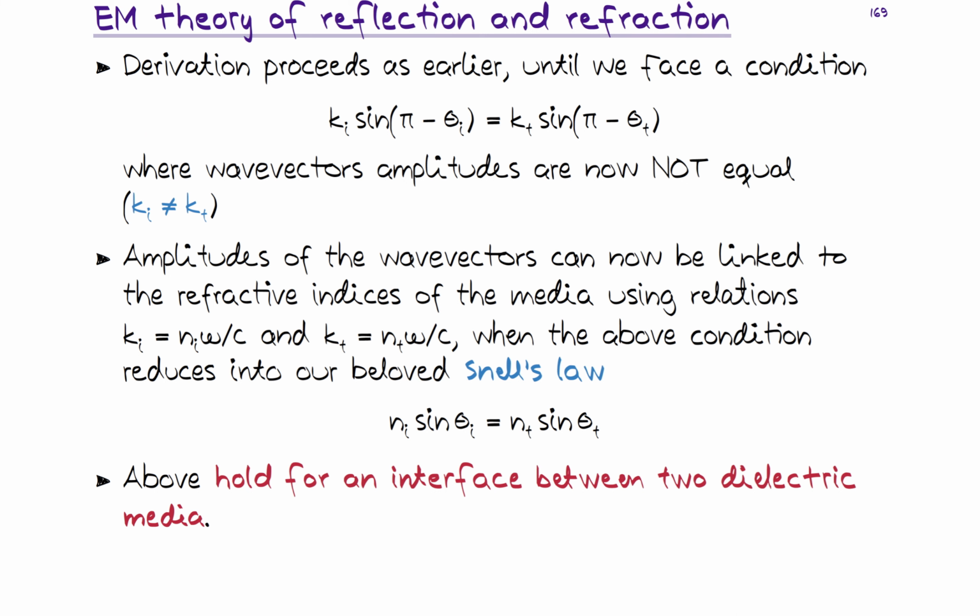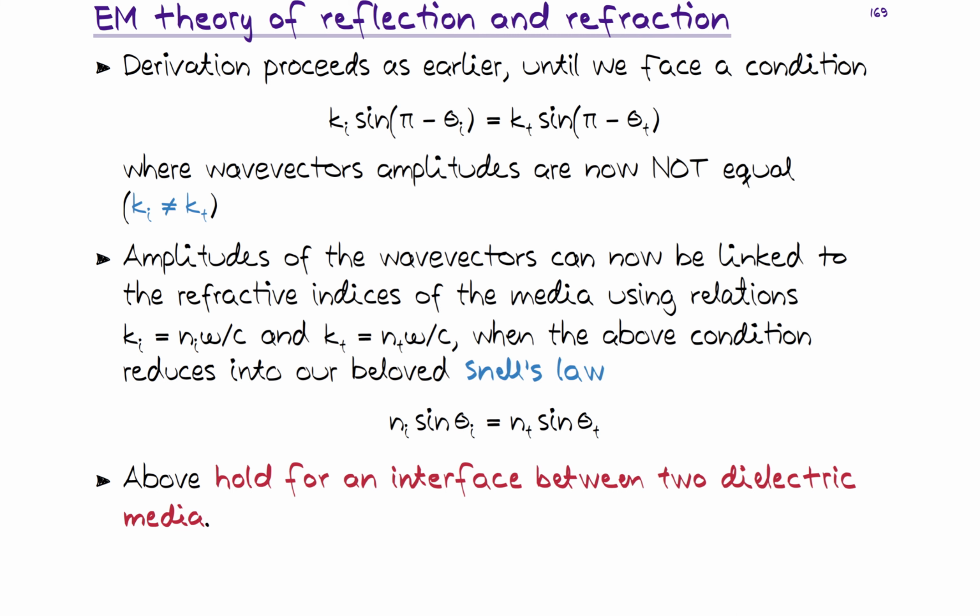We now have the two equations of interest, and they hold for an interface between two dielectric media. So we have now verified the reflection law and Snell's law, but the thing to remember here is that we have assumed two dielectric media.